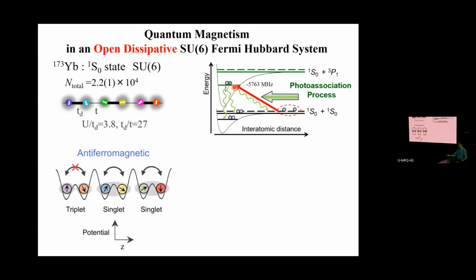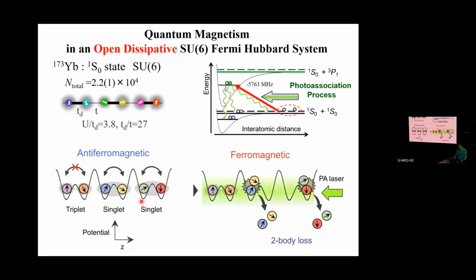Initially, the antiferromagnetic spin correlation for various spin pairs is created. And after the application of the photoassociation laser beam, the ferromagnetic spin correlation is formed. This is the scenario of our experiment.